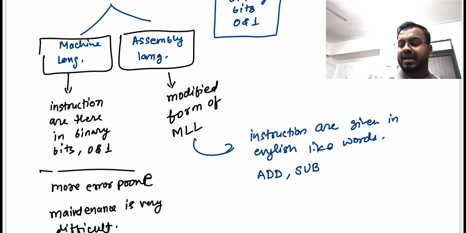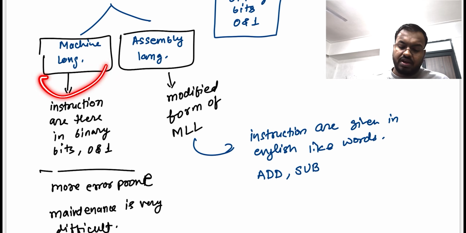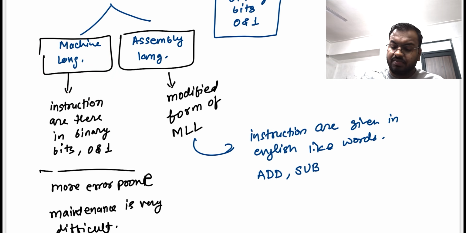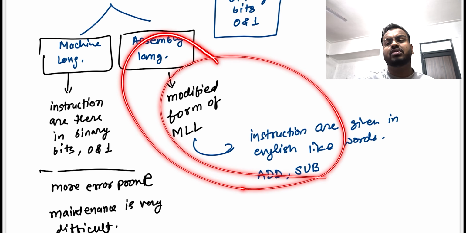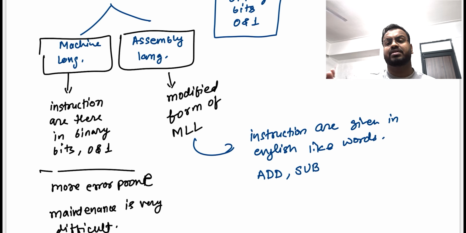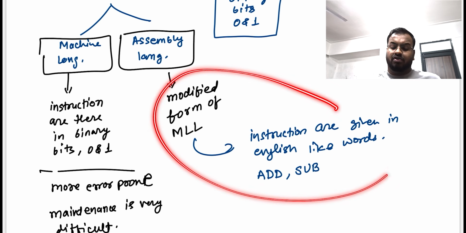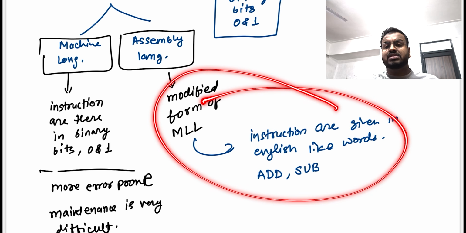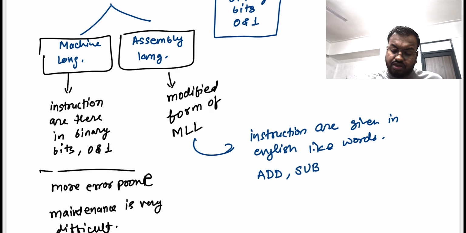A computer can understand only a machine level language. But right now we are talking about assembly language, and in assembly language we are using English like words such as add, subtract, move. For a computer to understand this assembly language, it must be translated to machine language.